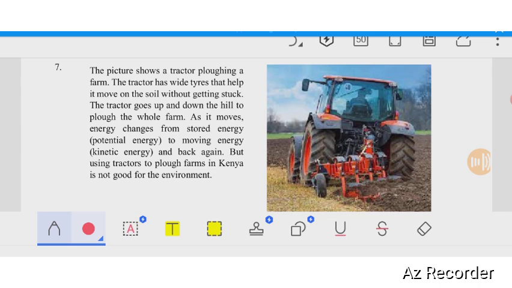As it moves, energy changes from stored energy, which is potential energy, to moving energy, which is kinetic energy. Of course, kinetic energy is energy in motion, and potential energy is energy at rest, and it changes back and forth again. But using the tractor to plow farms in Kenya is not good for the environment.